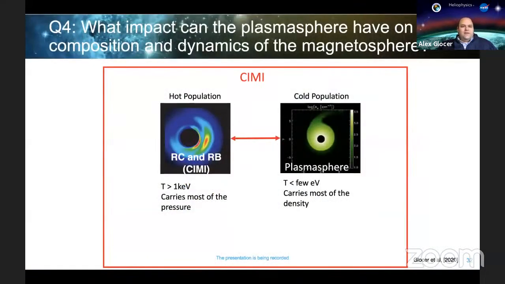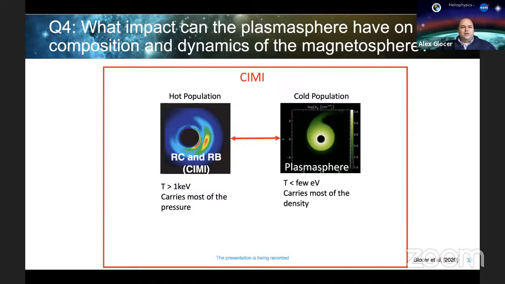So now the final question of this section of the talk, I want to address what impact the plasmasphere can have on the composition and dynamics of the magnetosphere. In SWMF-RCM, I've mostly been talking about the ring current modeling aspect, but it also models the radiation belts, and it also models the plasmasphere.